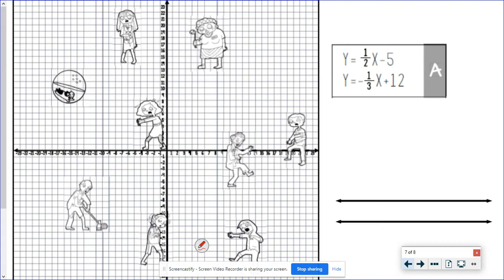So for my first equation, I'm starting at -5, which is right here. And I've got a 1/2 slope, which means up 1 and right 2. And this is where it's going to be going across this zombie. So I would keep getting some more points either way, and then you would use a straight edge.